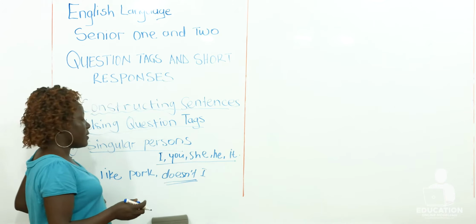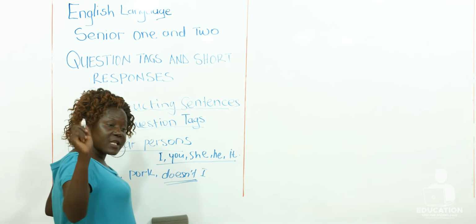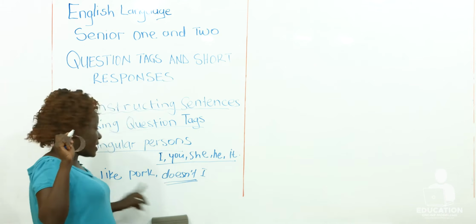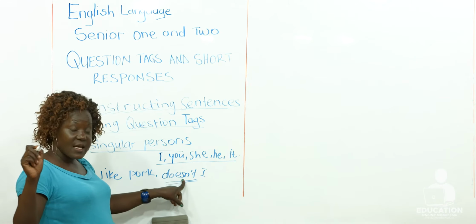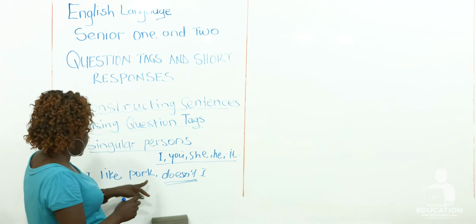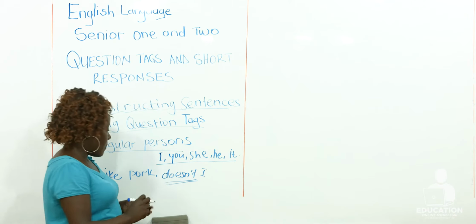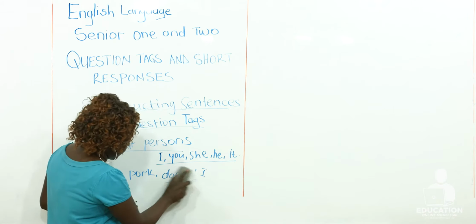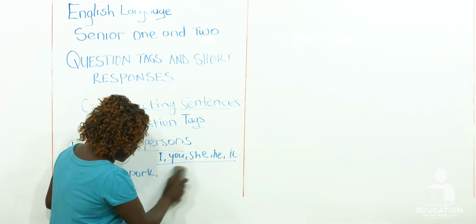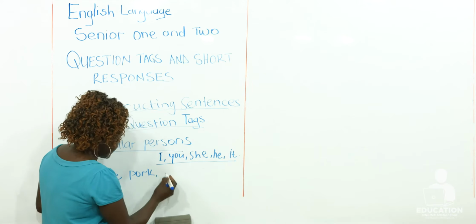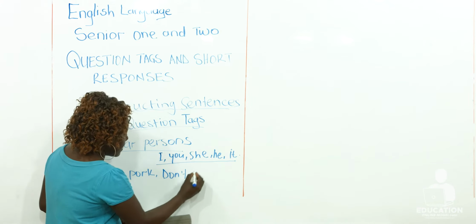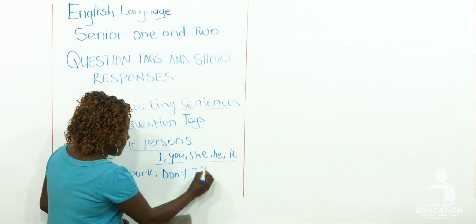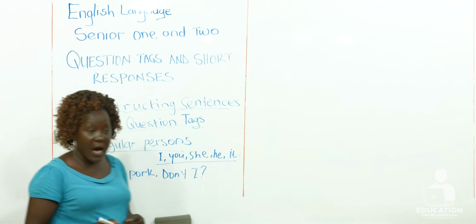Because I, though it is singular in nature, does not use do or does. Instead, the form of the word to do that is applicable here is the one you will use. So you will come here and say, don't I, D-O-N-T. Don't I? Then you put your question mark.